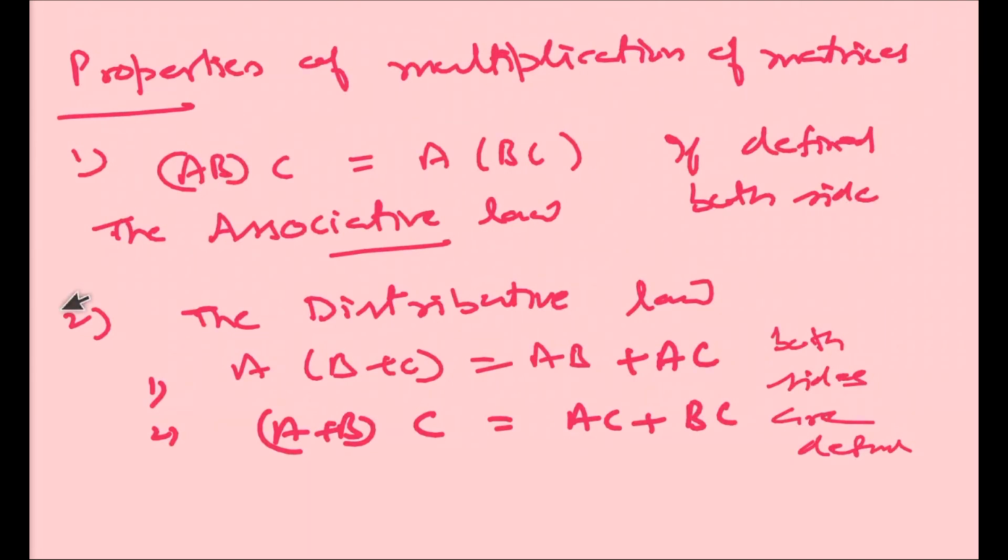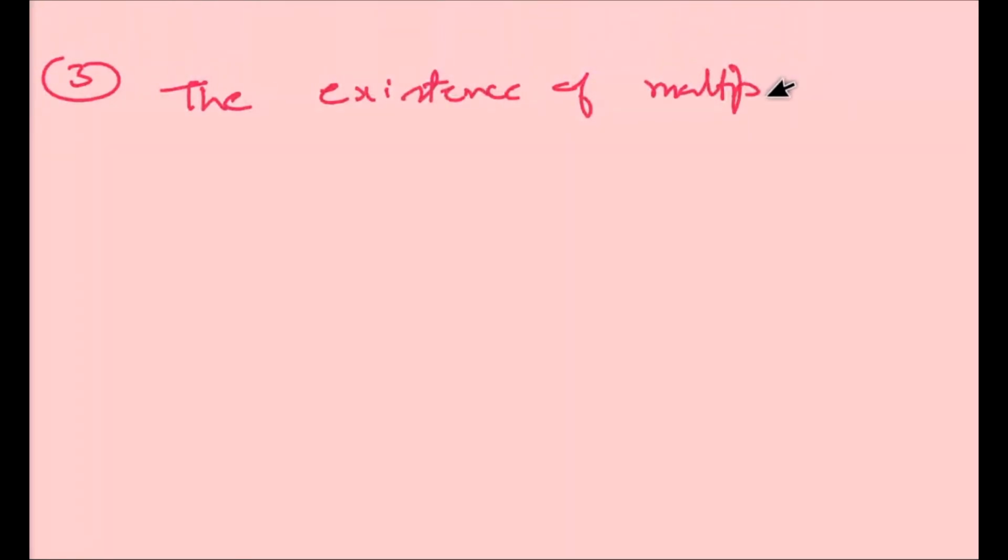Now third is the existence of multiplicative identity. What is the meaning of the identity?